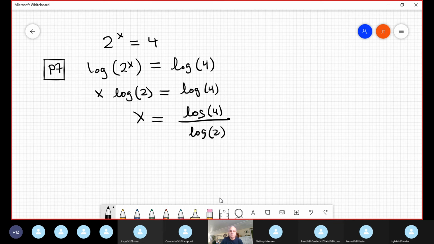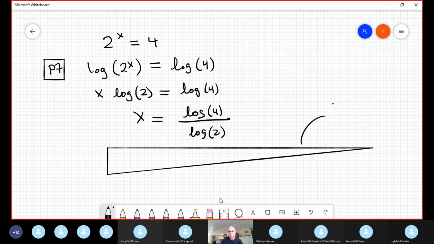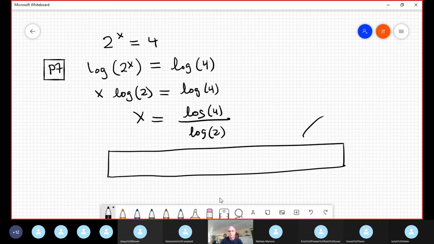But the professor wants the exact answer, so I need to use the calculator display. I put it in the calculator display: LOG of 4 divided by LOG of 2.